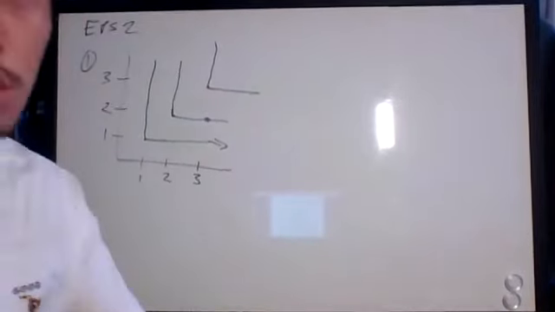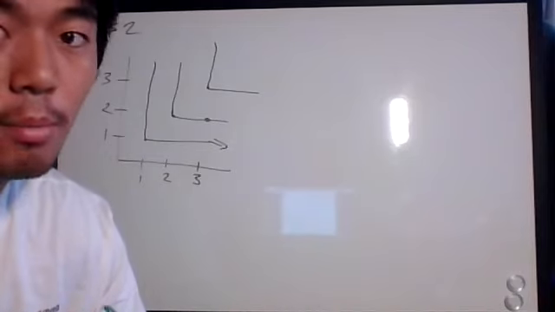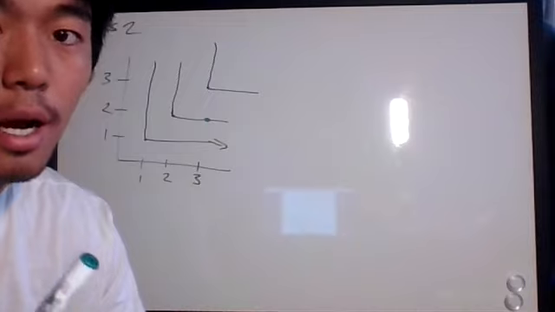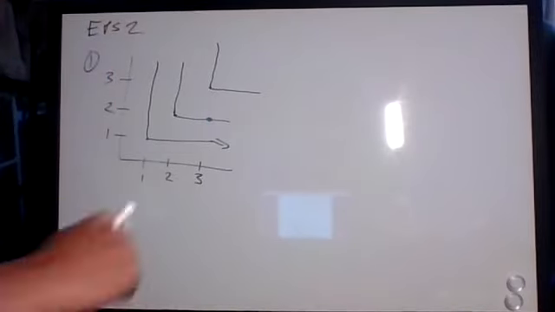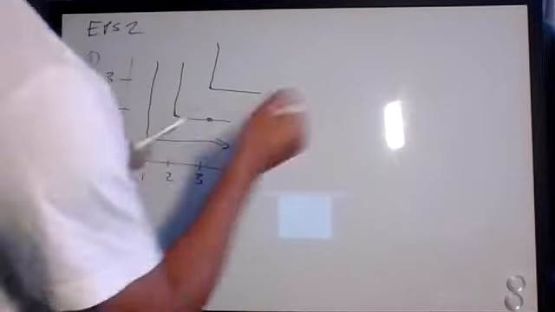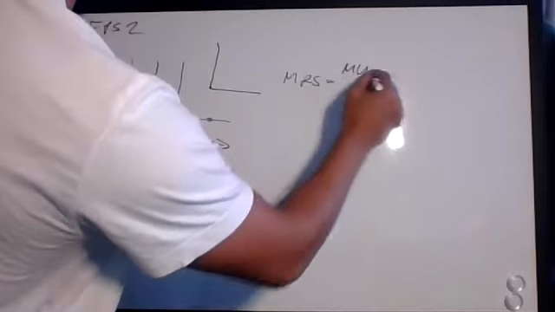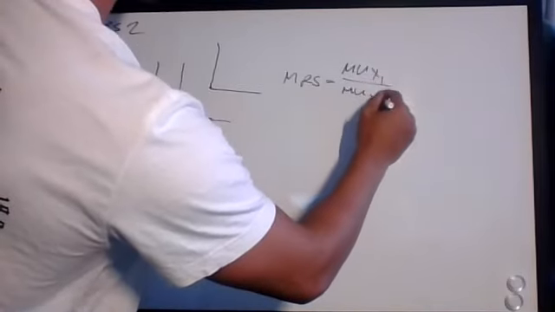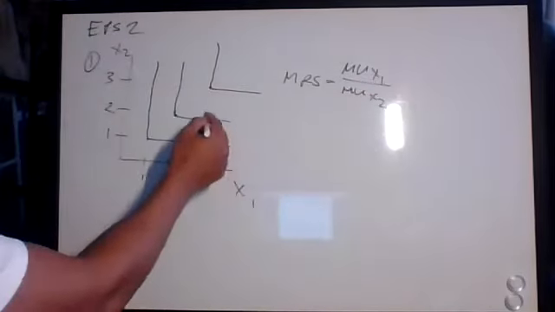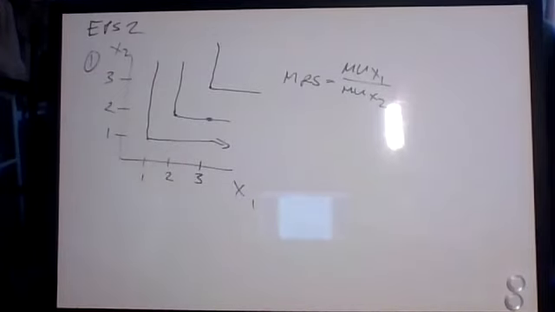If you think about what their marginal rate of substitution is at the point 3, 2, there are 2 ways that you can approach this. You could break it down into MRS equals marginal utility of x1 over the marginal utility of x2. Or you can simply look at the slope and think about, well, what is this?